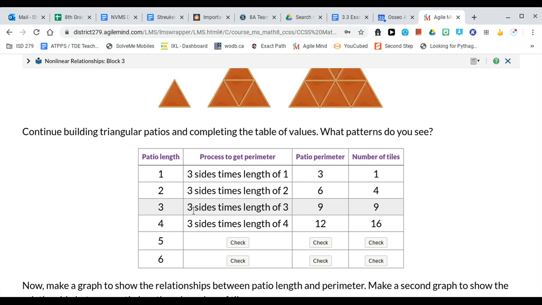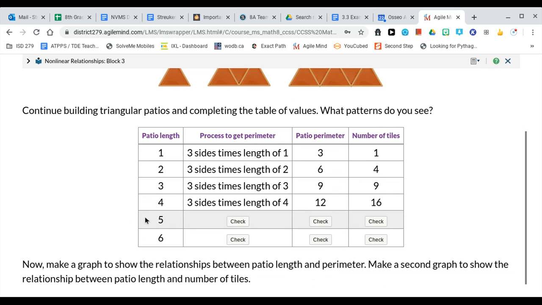For 3, 3 sides times the length of 3. So 3 times 3 is 9. This one also has 9 tiles. And for 4, 3 sides times the length of 4 gives us 12. 3 times 4 is 12. And then the number of tiles would be 16.